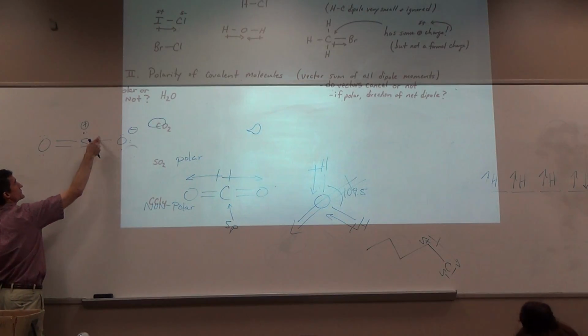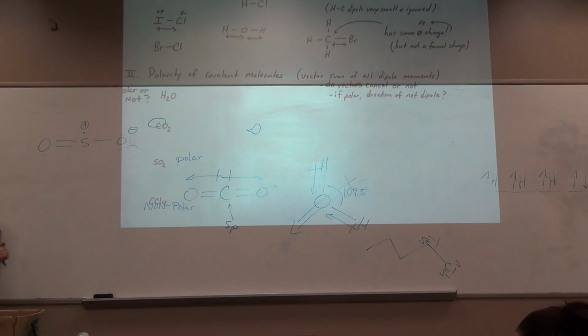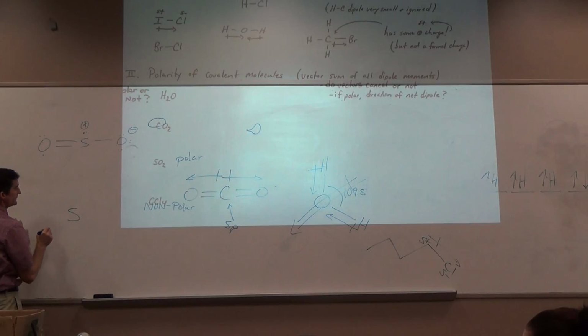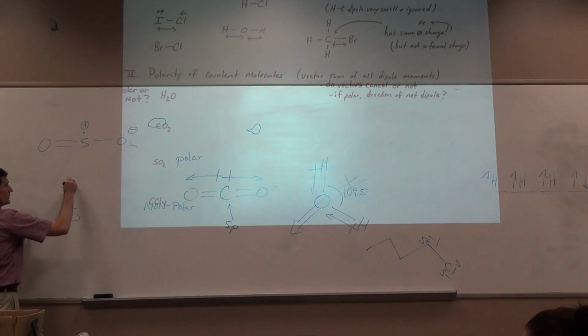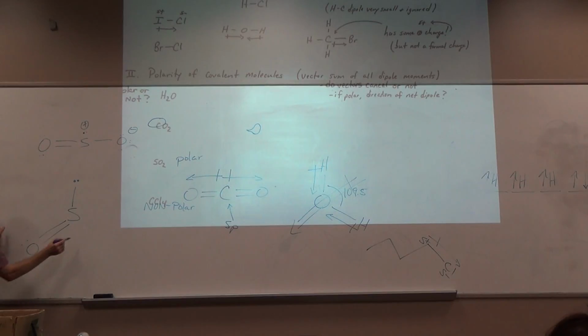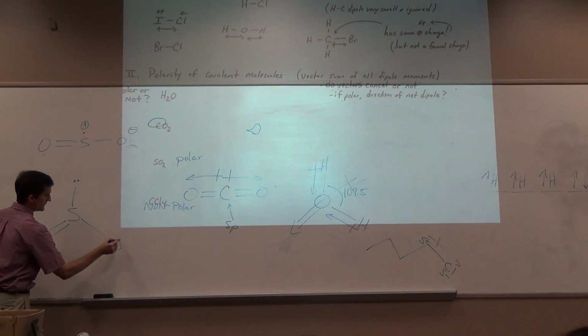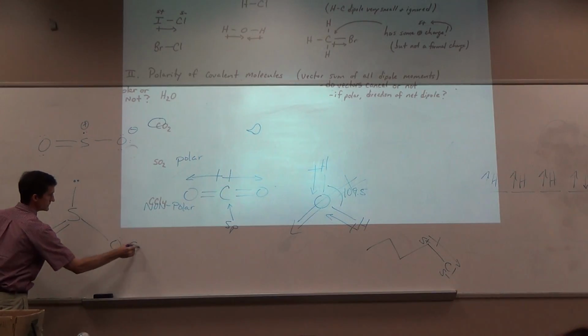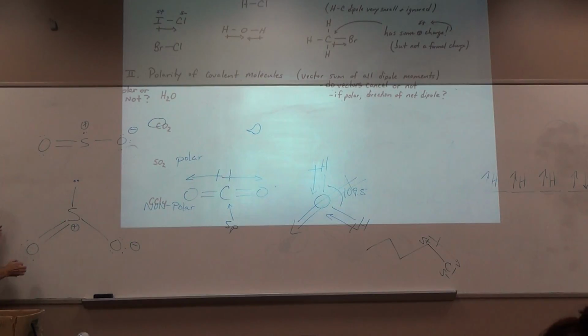I see 3 regions, 1, 2, 3, trigonal planar. So that means we have a lone pair region, oxygen here, and then oxygen here. And now we see trigonal planar with 120 degrees.